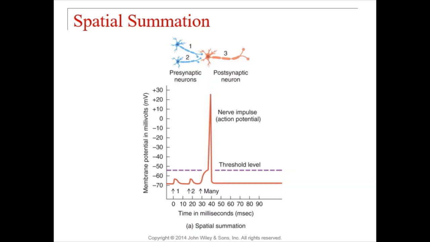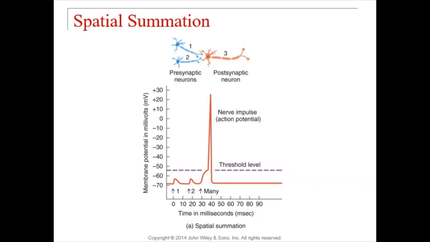It's adding all the signals from one area. And so every time it gets an excitatory signal in a particular area, it's going to generate the excitatory postsynaptic potential, depolarizing, aka becoming slightly positive, until it hits threshold and it will make its action potential to send the signal.